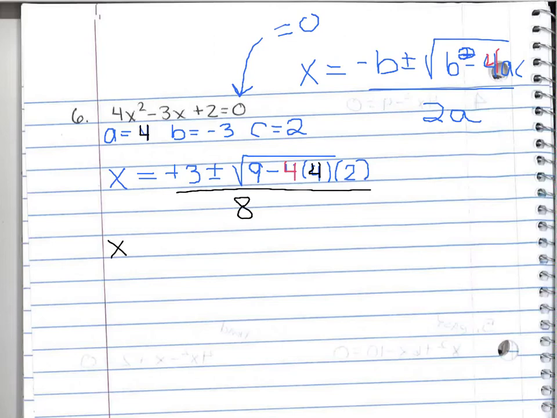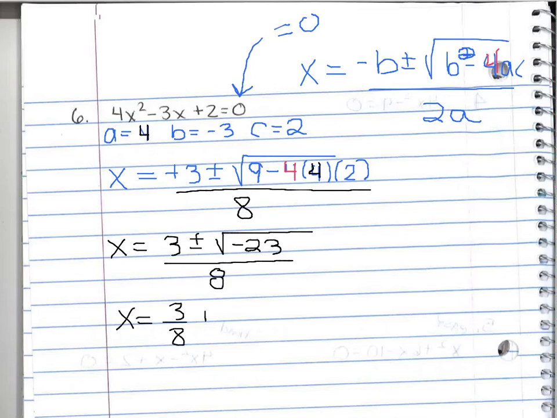So I end up with x is equal to 3 plus or minus the square root, and then I have to think about what 9 minus 32 is. And yeah, it's late. I'm not thinking very well. Negative 23. All over 8, and that separates into 3/8 plus or minus i square root 23 over 8.